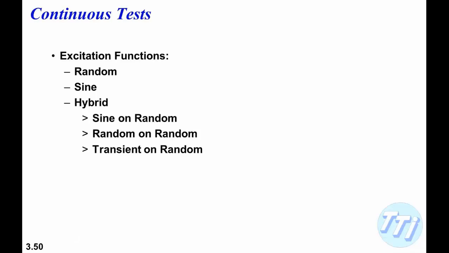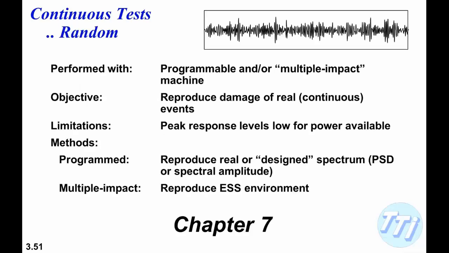A continuous test is where the excitation functions are random or sine or hybrid. Hybrid is sine on random, random on random, transient on random. Lots of possibilities there. And these are performed with a programmable or multiple impact machine. The objective is to reproduce the damage of real continuous events.